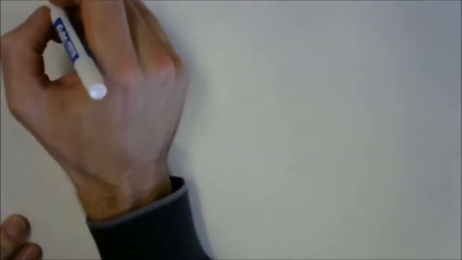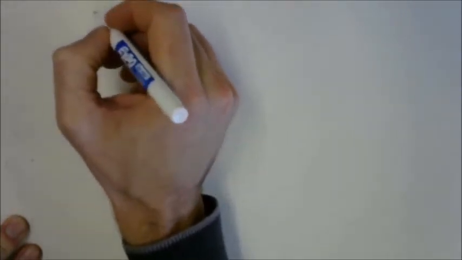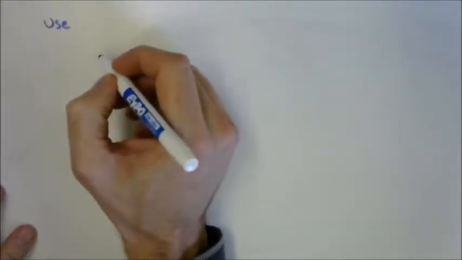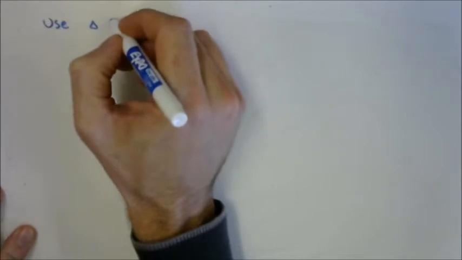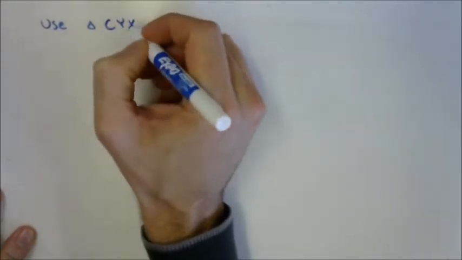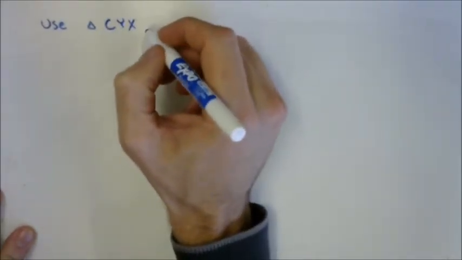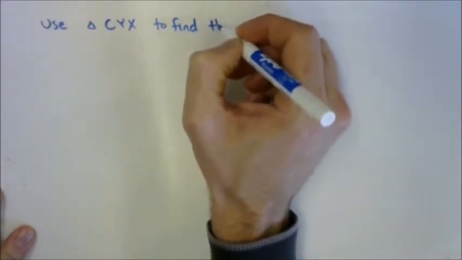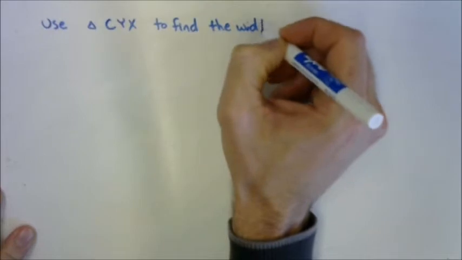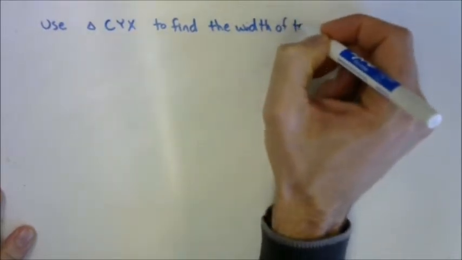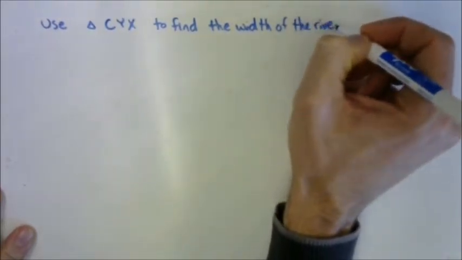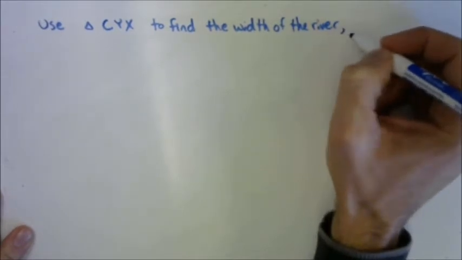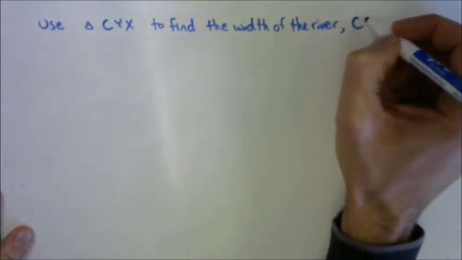Excellent. So we're going to just say what we're going to do first. This is example 2. We're going to use triangle CYX, that's the horizontal triangle, to find the width of the river. And that's represented as CX.